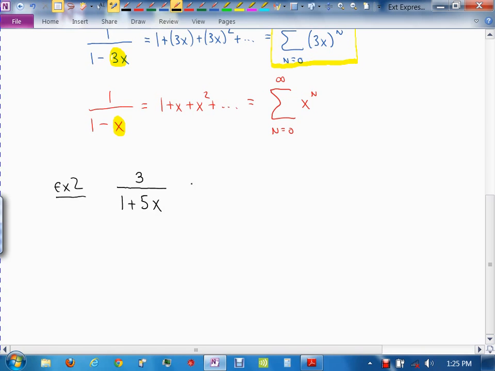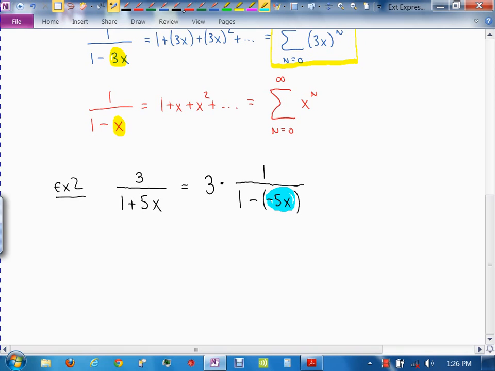Yeah, so can't we just do this? Can't you just say this is the same as 3 times 1 over, now watch me be tricky here, 1 minus negative 5x? Isn't this the same as 3 times 1 over 1 minus negative 5x? Now, if I take this negative 5x, that's kind of like the 3x was in the previous problem, isn't it?